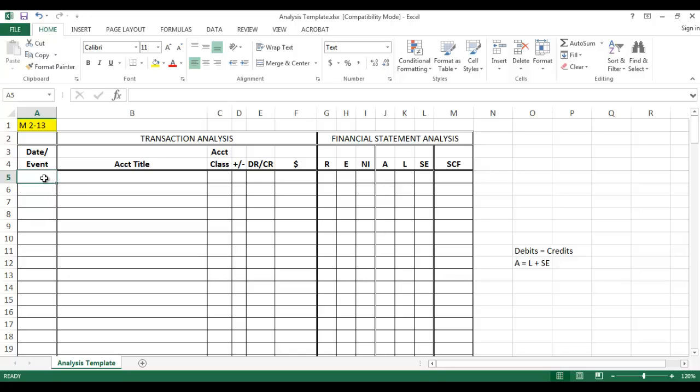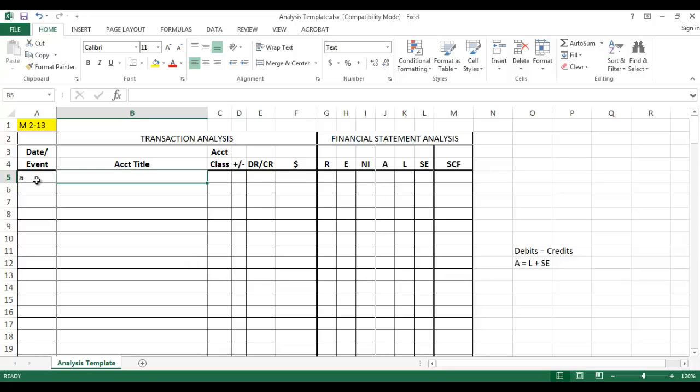So we're going to do both at the same time here in our analysis template. Letter A in 2-13 says receive $70,000 cash invested by owners and issued stock. Again, I encourage you, especially as you're getting more familiar with booking journal entries, to try to break any transaction up into a few different parts.